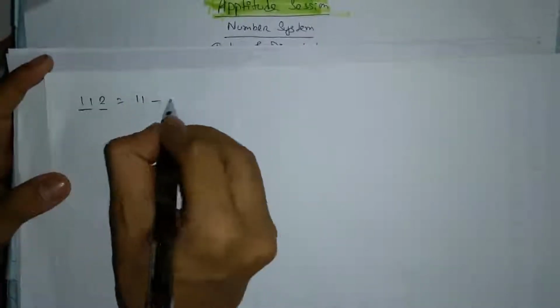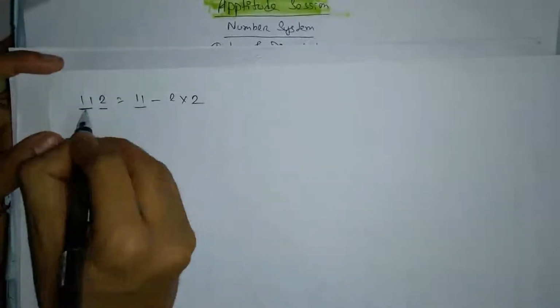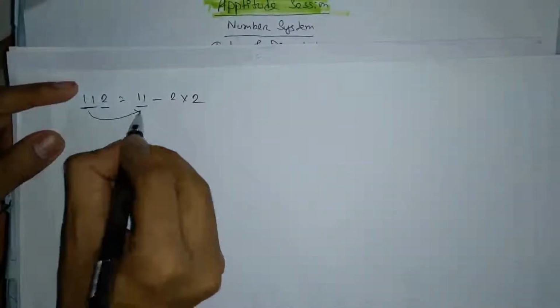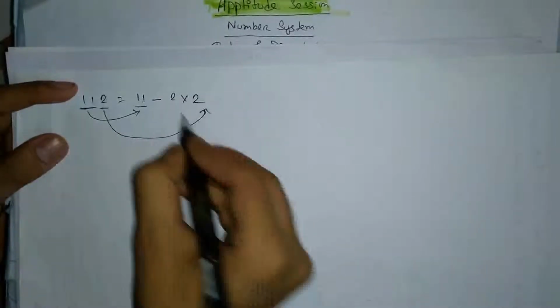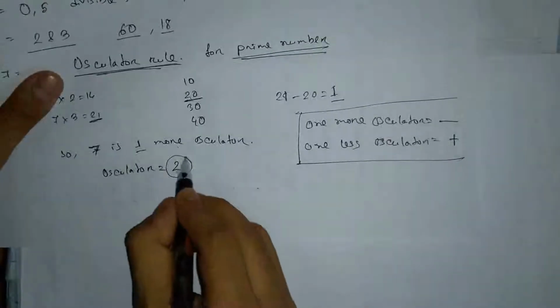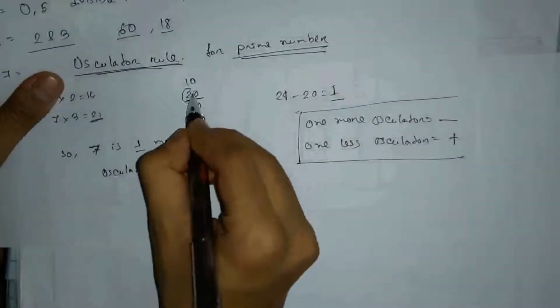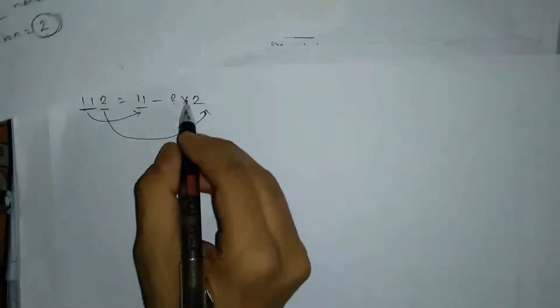11 minus 2 into 2. Here 11 is this 11, and this 2 is the last digit, and this 2 is the osculator value.